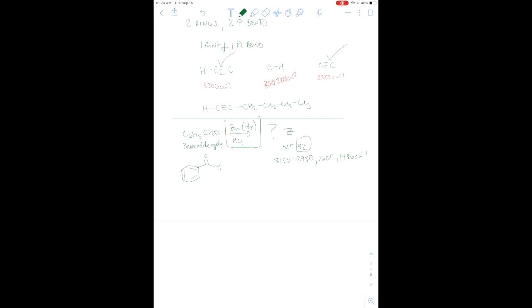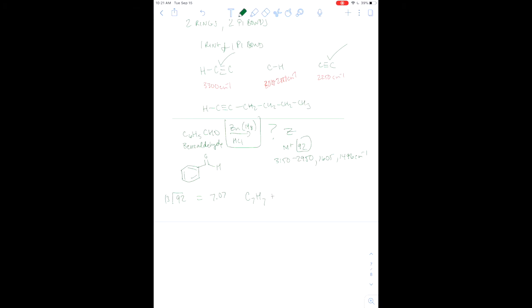So 92 divided by 13, applying that rule of 13, gives 7.07, so that's pretty much C7H7 with a remainder of, let's see, 7 times 13 is 91 with a remainder of 1, so let's go ahead and add that extra hydrogen.